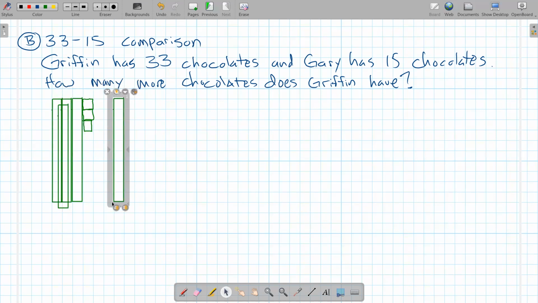Show them next here. Oops, I made too many. And then, to the best of your artistic ability, draw out the rest of them or use the app. So there's the 15.